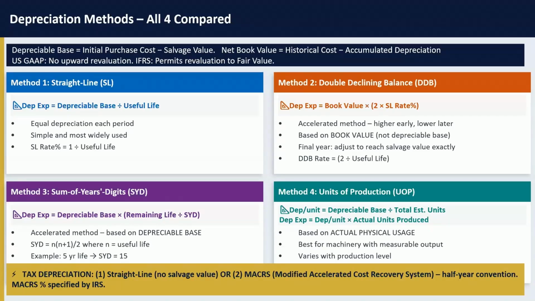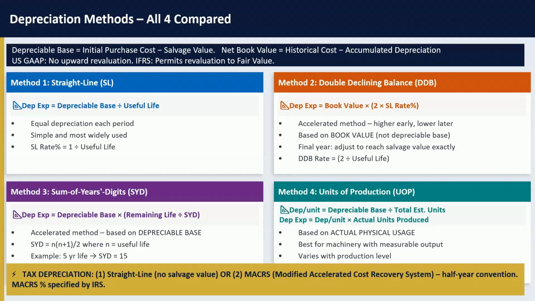So double declining balance, sum of the year's digits and units of production are all accelerated systems. You know why they are called accelerated? Because in the initial years, a lot of depreciation expense is observed, and in the later years, very little depreciation expense is observed. But in the straight line method, you will observe it equally throughout the period.